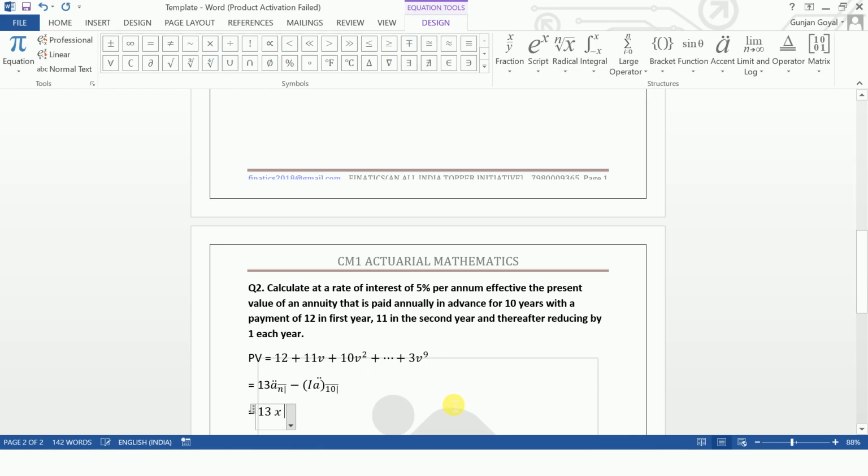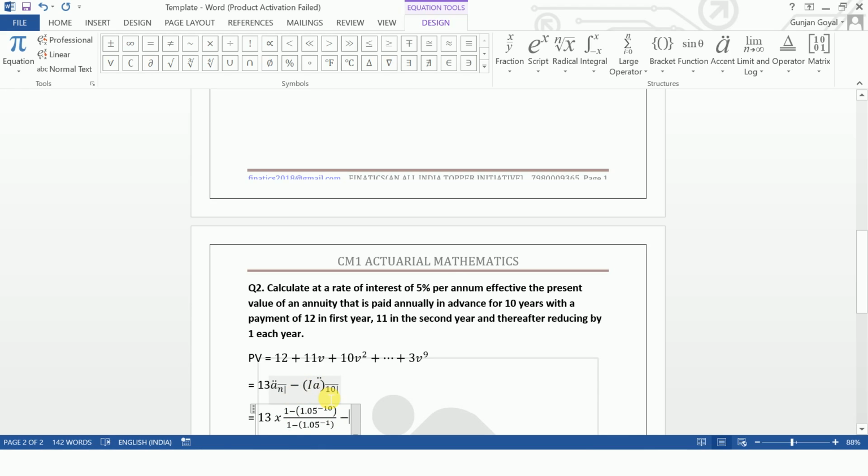Again insert equation, it becomes easy when you write 13 into 1 minus 1.05 to the power minus 10, since it's at 5% per annum. The whole thing divided by 1.05 to the power minus 1 in the denominator. Then minus, the next part: this was the a-due part which we have solved.